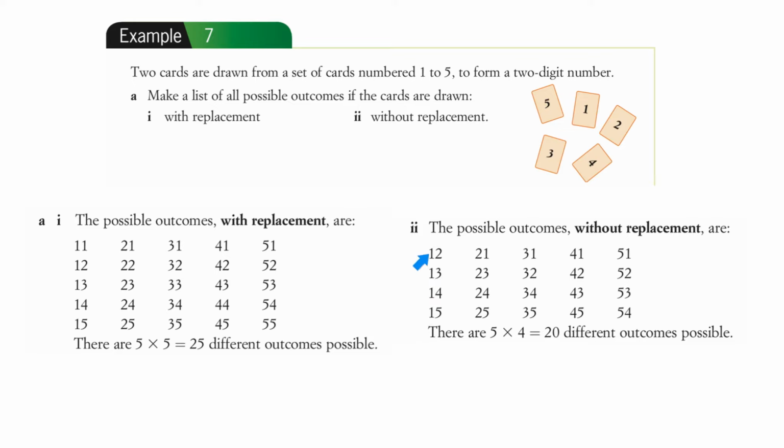So there's 4 outcomes starting with 1. Similarly, if you took a 2 out and you didn't put it back on the table, then really that's called without replacement, right? You didn't put it back. So then you've only got a choice of getting a 1, a 3, a 4, or a 5. You can't get the 2 because that card was the first card. And similarly with all of those, so there's 5 times 4, there's 20 different possible outcomes.